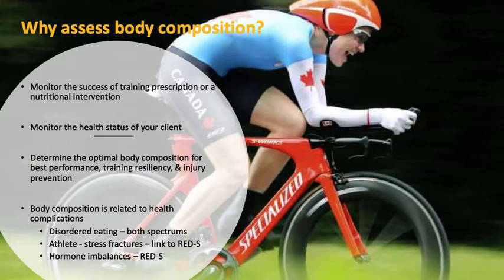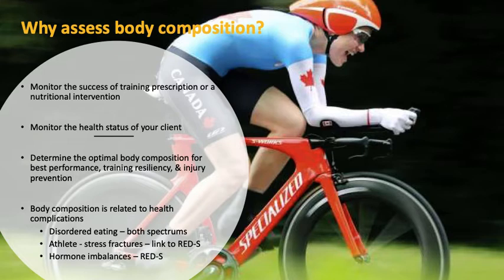When your body composition changes in a not-so-great way, you can get hormone imbalances, with suppressed testosterone in males and non-responsiveness to training. You can also see menstrual dysfunction in females, where you lose your menstrual period. And this can lead to stress fractures and an increased risk of injury.